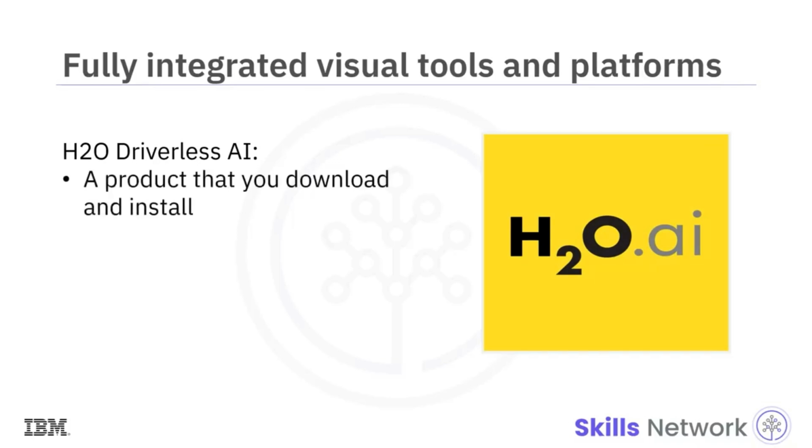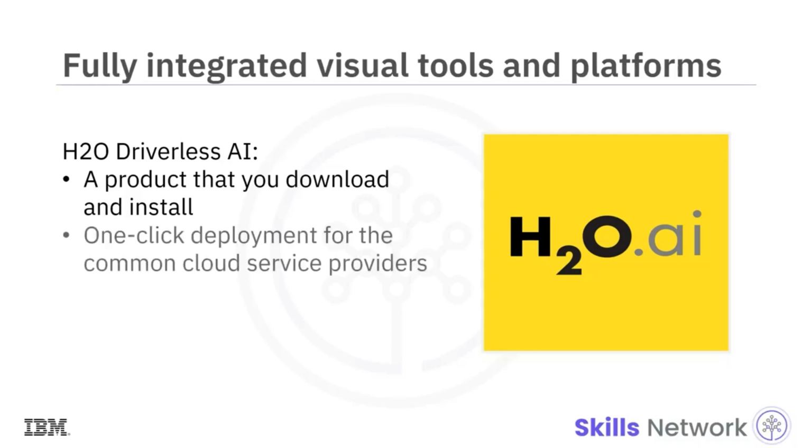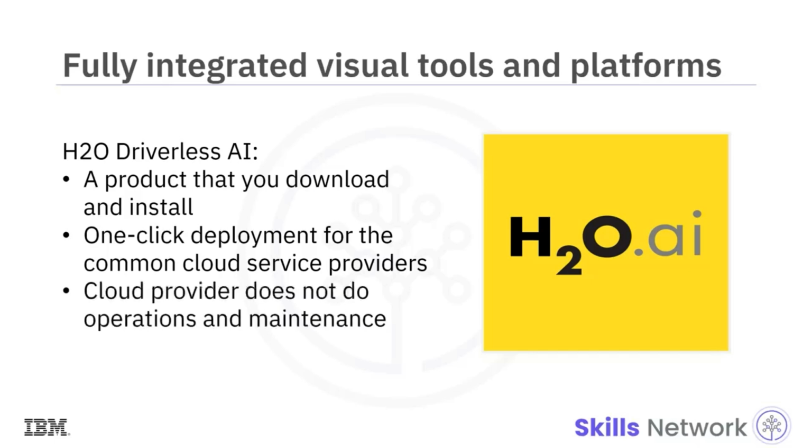Although it is a product you download and install, there exists a one-click deployment for the standard cloud service providers. Since the cloud provider does not do operations and maintenance, as with Watson Studio, OpenScale, and Azure Machine Learning, this delivery model should be distinct from platform or software as a service, or PaaS or SaaS.